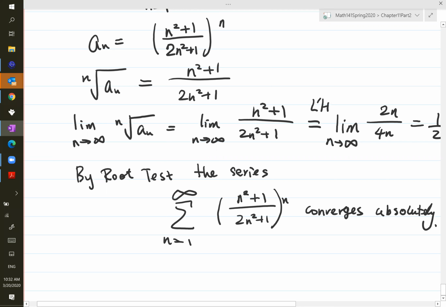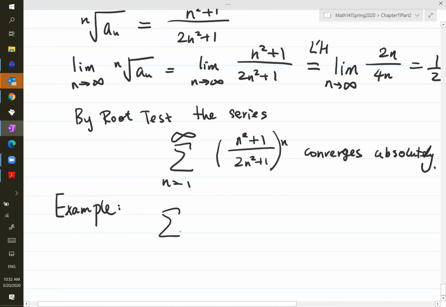Okay. Let's see more examples. This example: the sum of (n over (n plus 1)) to the power n squared, n from 1 to infinity.